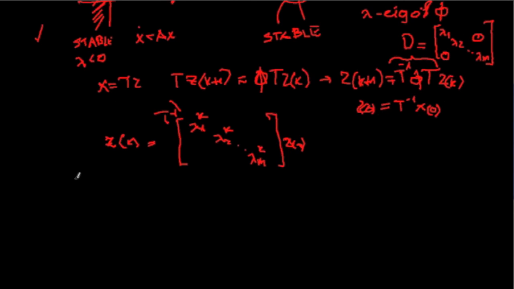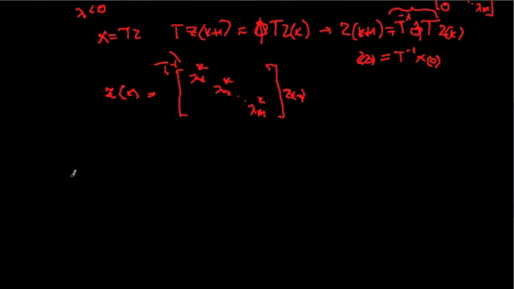In this case, let us consider as follows: x(k+1) equals A x(k), and A to be the matrix 1.5, simple example, 1, 0, 0.5.